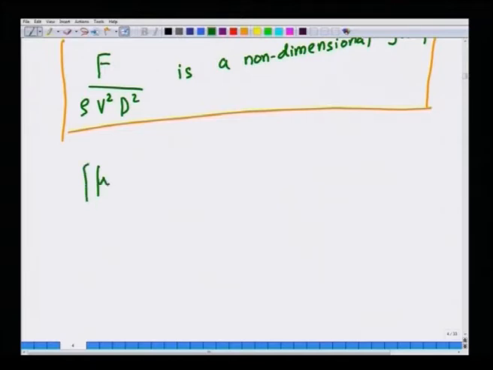You write the dimensions of viscosity. Okay. Dimension of viscosity is m L to the minus 1 T to the minus 1.